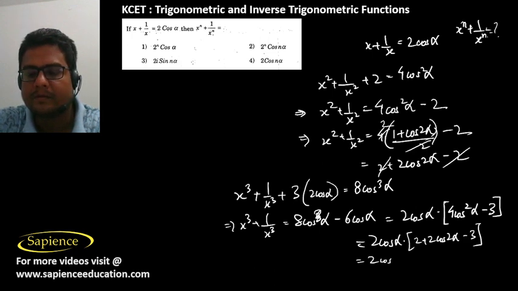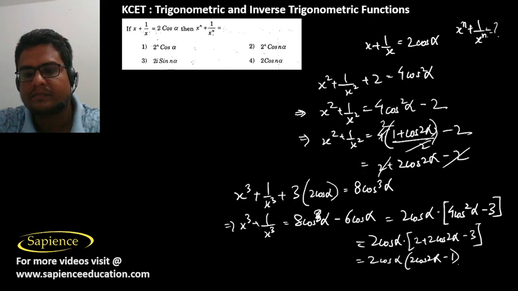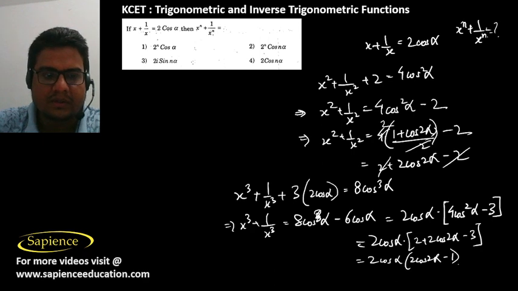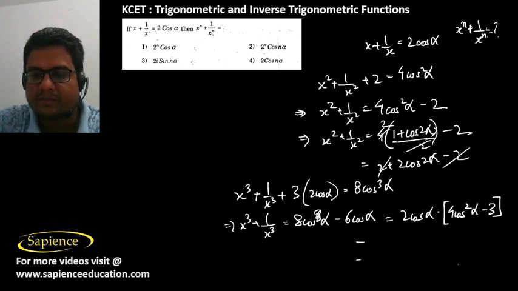This is 2 cos alpha into (2 cos 2 alpha minus 1). Actually, what we can do here, this part we can just cancel.